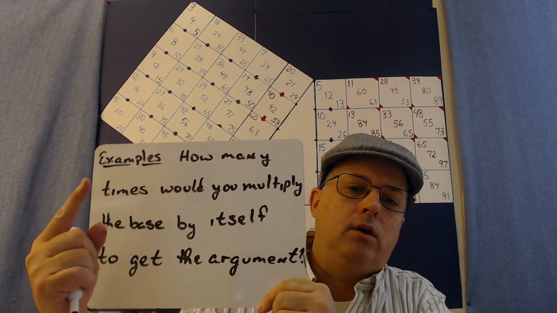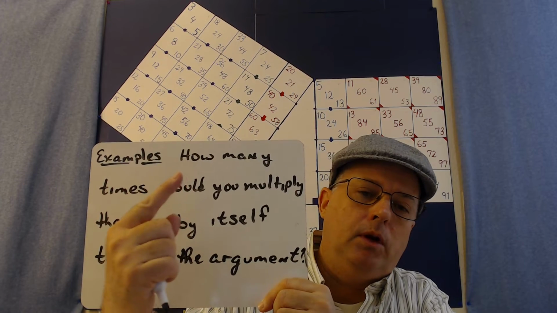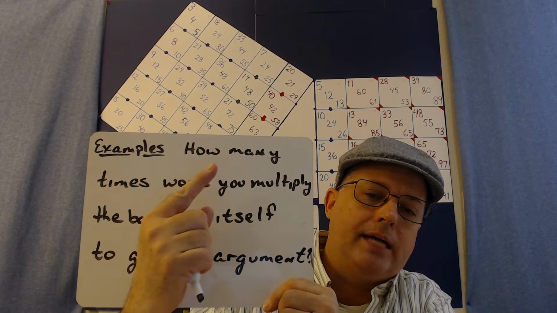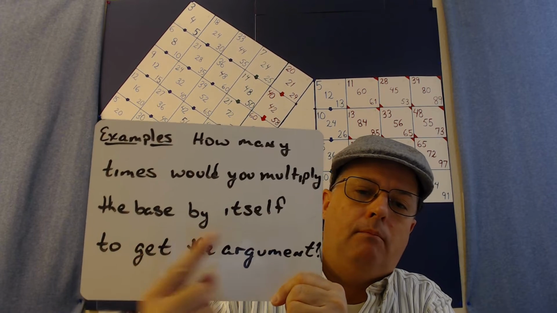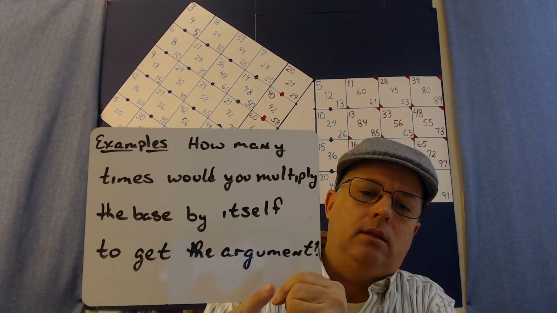We're going to look at some examples, and when we look at these examples, we're going to ask the question, how many times would you multiply the base by itself to get the argument?